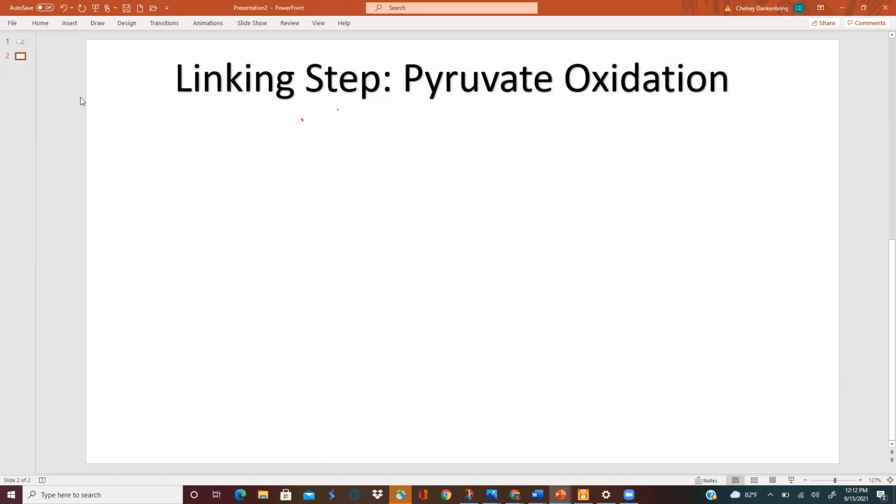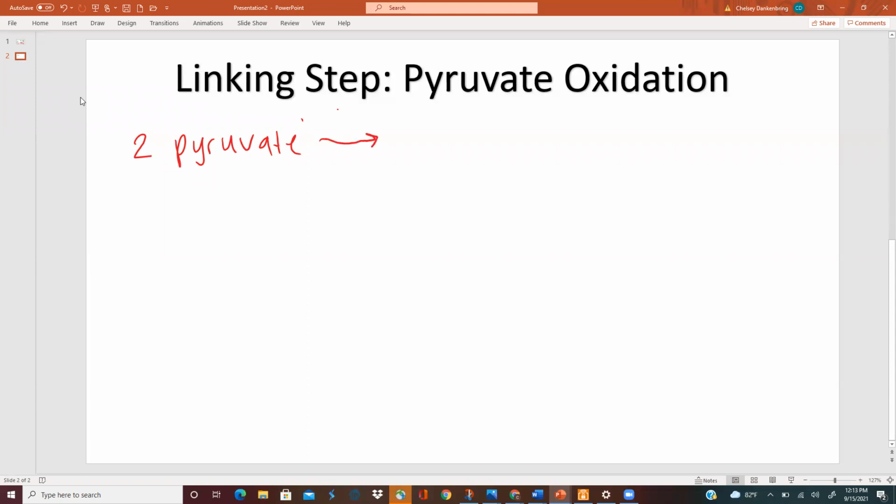At the end of glycolysis, we had 2 molecules of pyruvate. But it turns out pyruvate is not what's used to start the Krebs cycle. So we need to make the starting molecule of the Krebs cycle now, so the Krebs cycle can actually happen. That molecule has a crazy name.